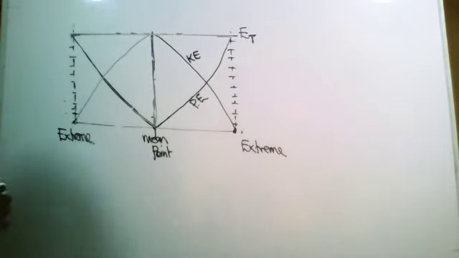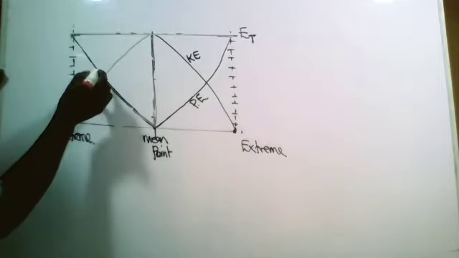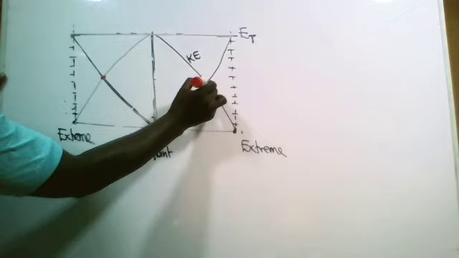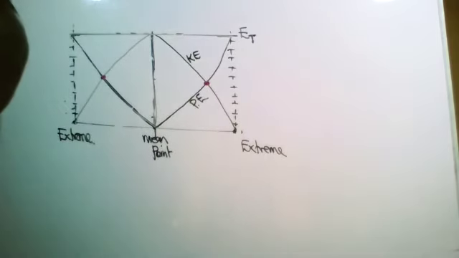Now, the points where the two graphs intersect, here and here, are points where the two graphs are equal.